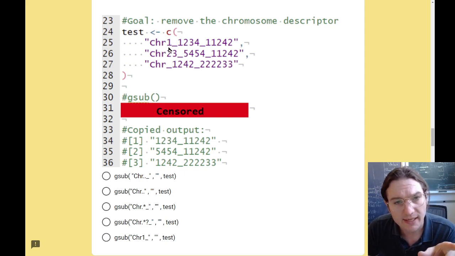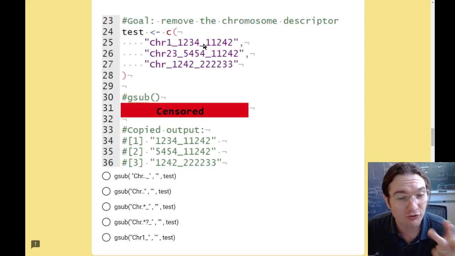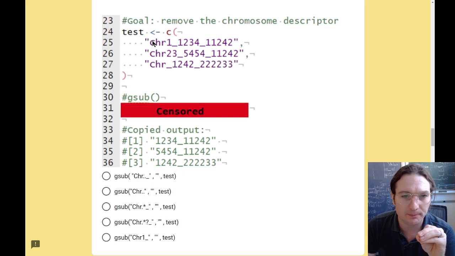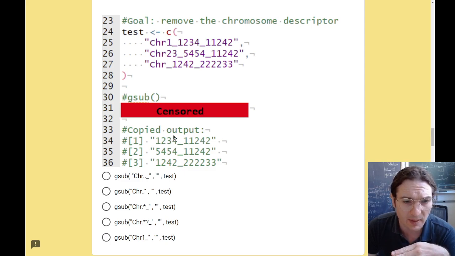CHR, any character, any number of times, and yeah, that is a match, but it doesn't stop, because that's how asterisk works by default. It finds this second match, CHR, any character, ending in an underscore, and that is a longer match. So by default, the asterisk is greedy, and it makes that its match pattern. This then gets replaced with nothing, leaving you with only 11242, which is not what you wanted.